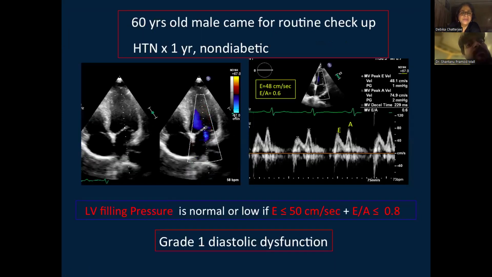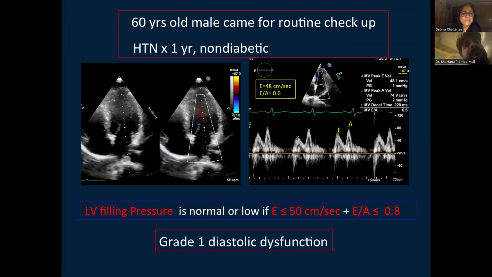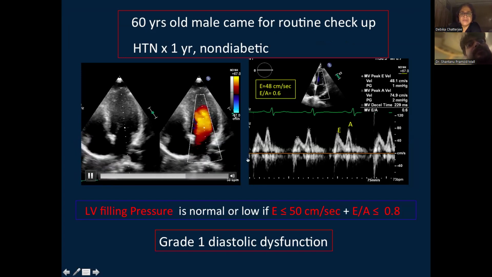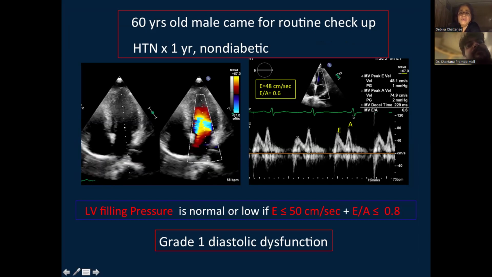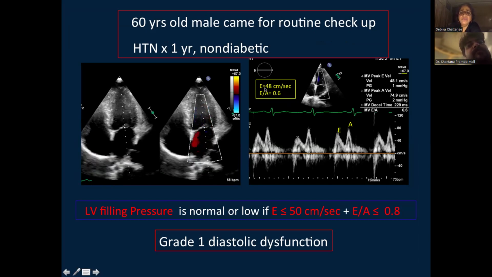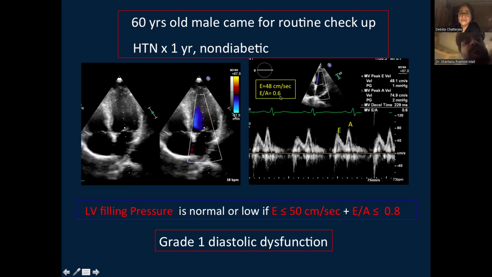Here is a patient, you see, 60 years old male, came for a routine checkup with a history of hypertension for 1 year, non-diabetic. Now, this is the apical four chamber view. I have kept the sample volume at the level of the tip of the mitral valve leaflets to do the pulse wave Doppler of the mitral flow, when I got the E wave 48 centimeter per second and EA ratio 0.6.